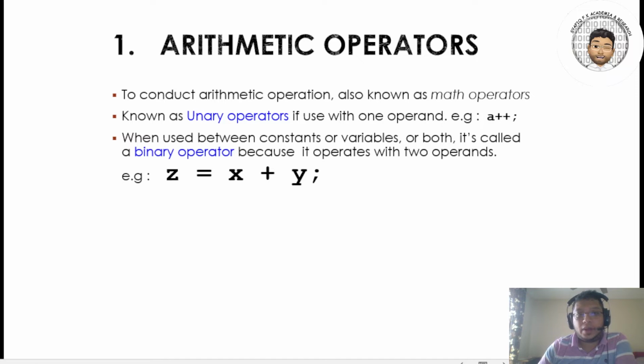When we talk about arithmetic operators, here is an equation: z equals x plus y. This is an equation with operands and operators, where operand z is equal to operand x plus operand y. We have a lot of other operators, for example a plus plus, a minus minus, b minus minus.